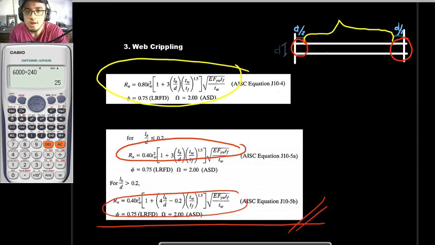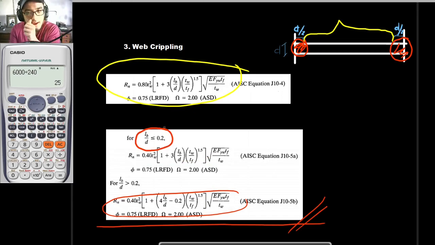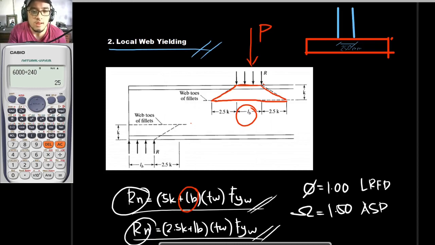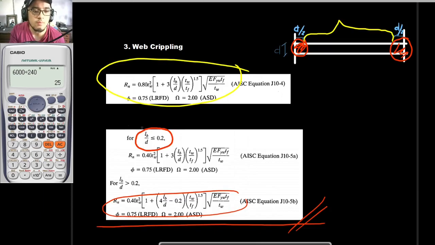So, it may either be this or this. So, kapag nandyan yung location ng inyong point load dito sa areas na to, you would be checking the ratio of your LB divided by D. Itong LB natin, hindi yan unbraced length. Yung LB na yan is kung gaano kalaki yung inyong point load. Kung kunwari is column yan, kung gaano kalaki yung column mo, yan yung LB mo.